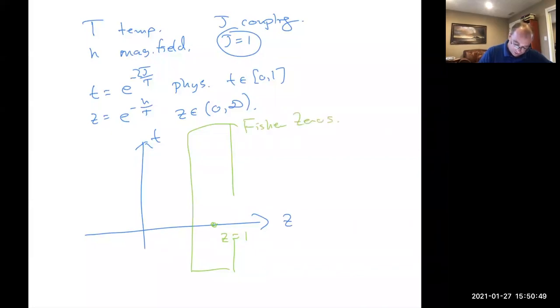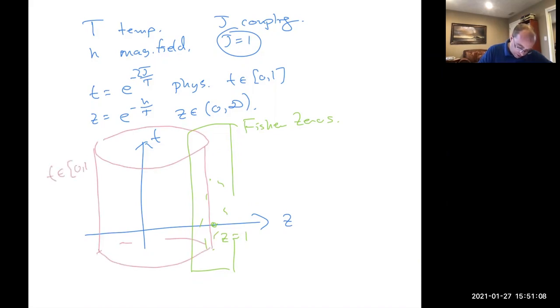And then you can also look at kind of the cylinder, where t is between 0 and 1 and mod z equals 1, and these are the Lee-Yang zeros. In particular, you fix a height, and then you look at the zeros on that height.